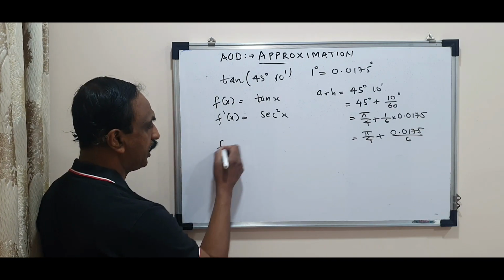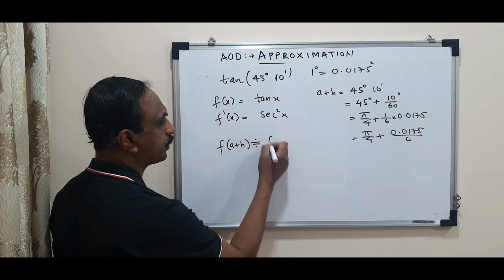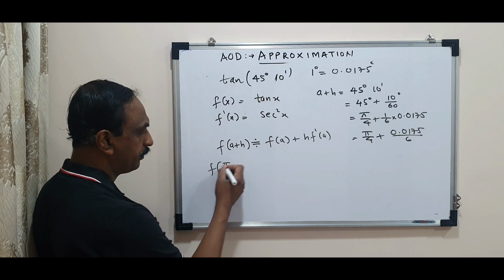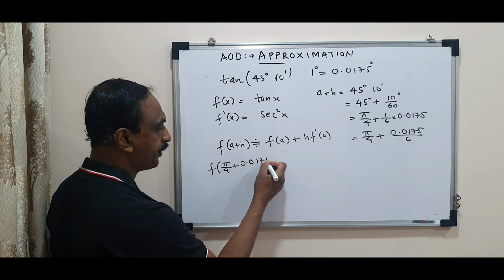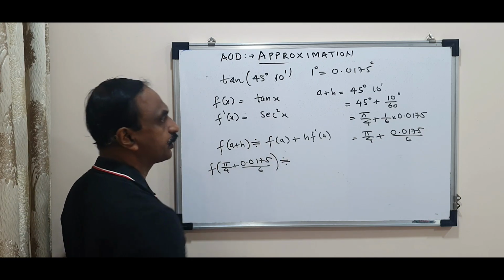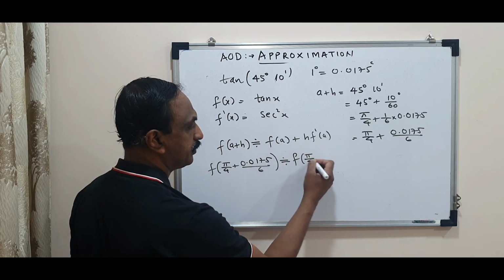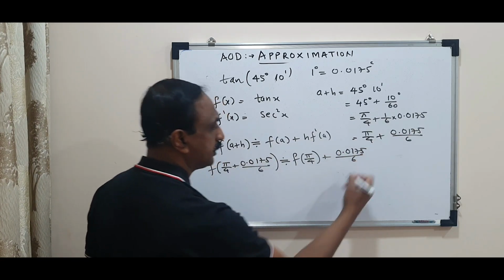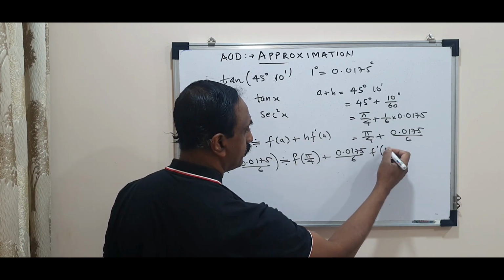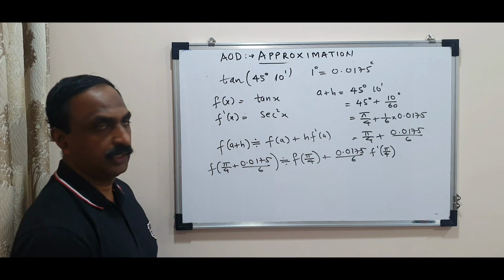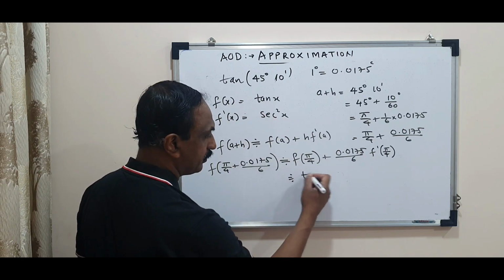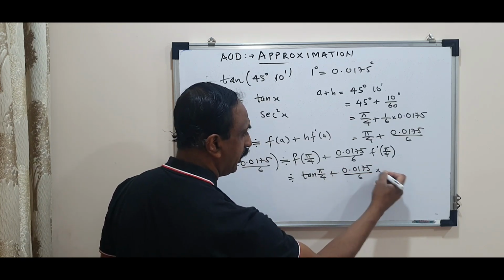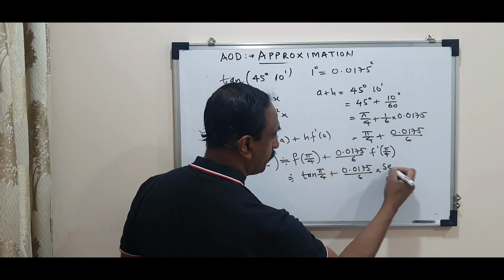So we'll write the formula. f of a plus h is approximately equal to f of a plus h into f dash of a. So f of pi by 4 plus 0.0175 upon 6 is approximately equal to f of pi by 4 plus 0.0175 divided by 6 into f dash of pi by 4. f of pi by 4 is tan pi by 4, plus 0.0175 divided by 6 into f dash of pi by 4, sec square pi by 4.